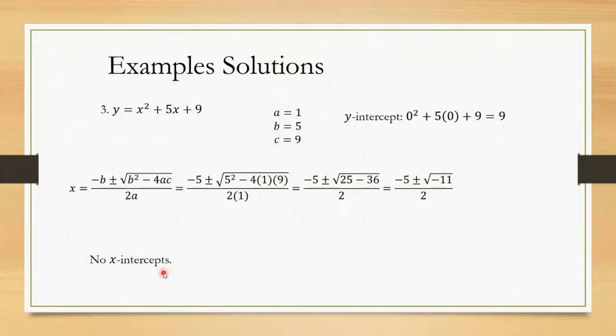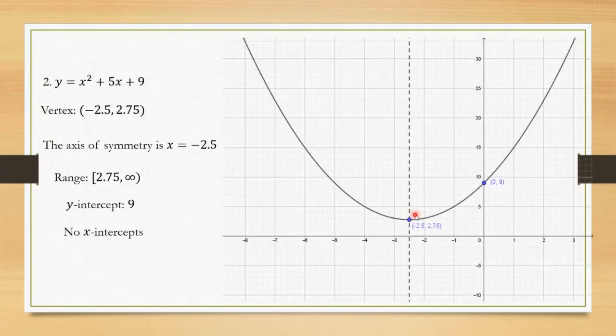Okay, well, let's graph it. And so we have the graph here, and we can see there's no x-intercept. The range, we can see as well, and this is the y-intercept, and so on. All right, that's good. So that's this example. Are there any questions about that?